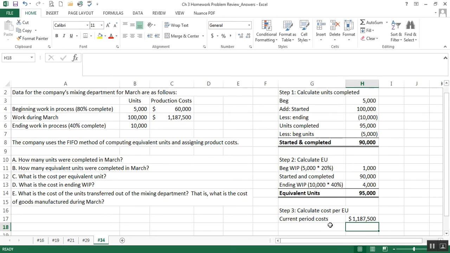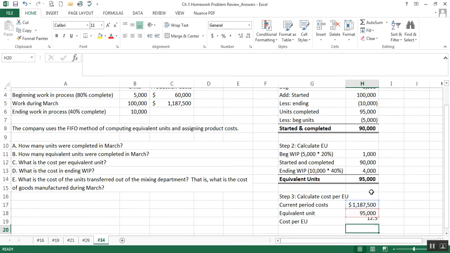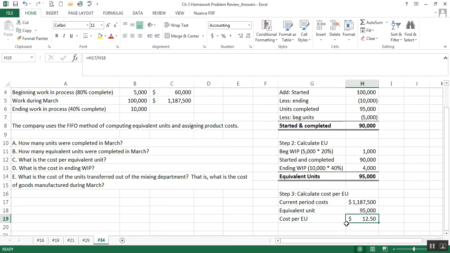We do not include beginning costs. And then our equivalent units is the 95,000 from above, and our cost per equivalent unit is the cost divided by the units, which is $12.50 per unit.